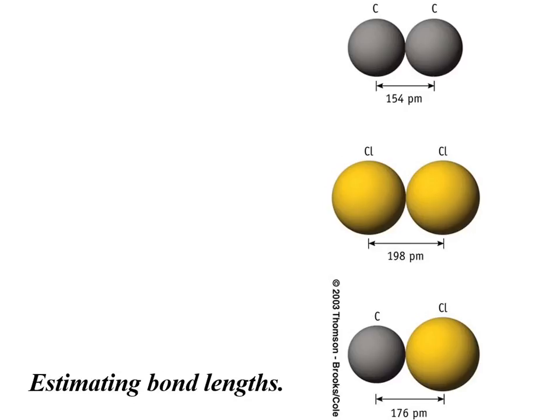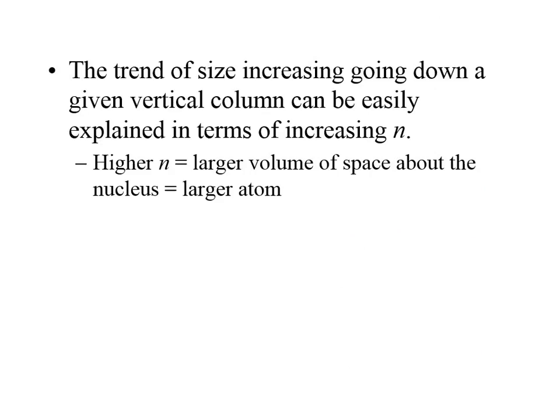So if you take 77 times 2, you get 154. See how that works? The radius for a chlorine atom in picometers is 100, or maybe it was 99. So as they join together, we can get a sense for what the bond length is going to be for these types of compounds.